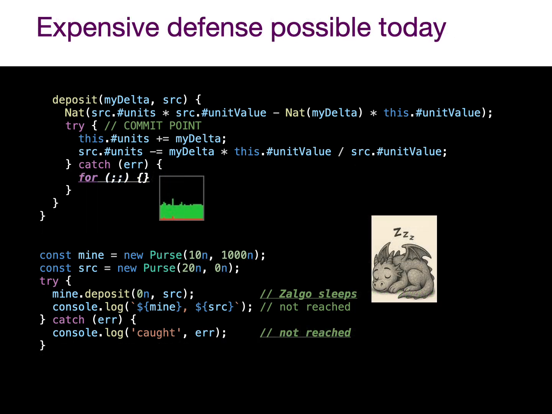And as far as the spec is concerned, that blocks all further execution in this agent. Zalgo never gets to observe the corrupted state, never gets to do damage because of continued computing with the corrupted state, and we're safe. But there are two problems with this.